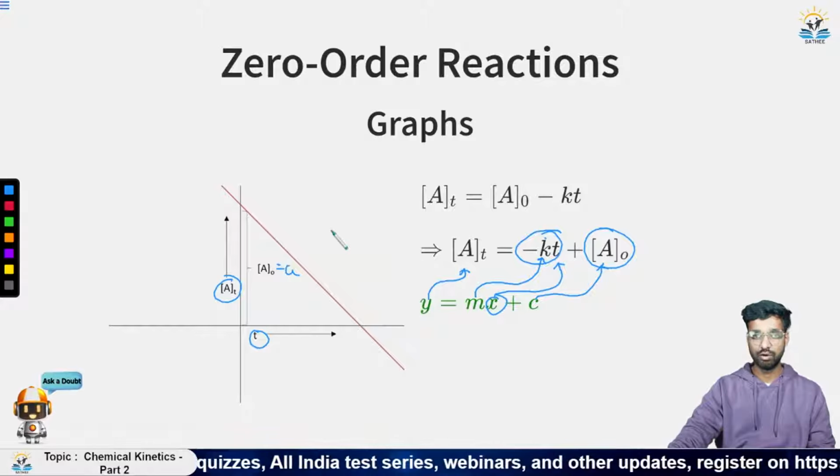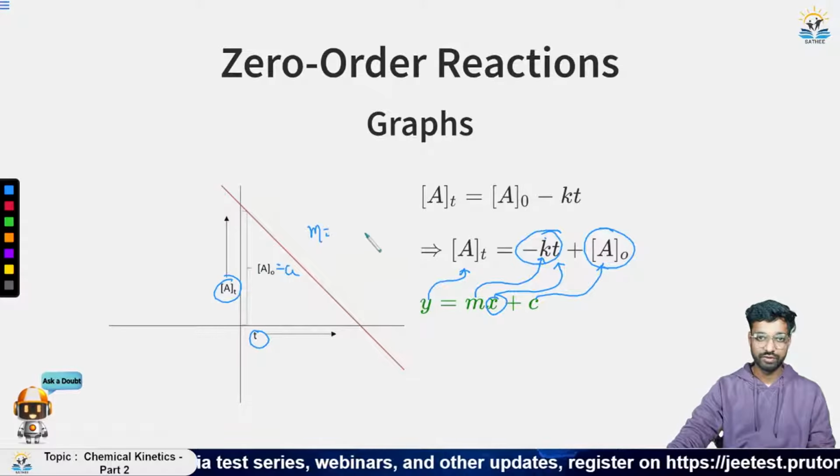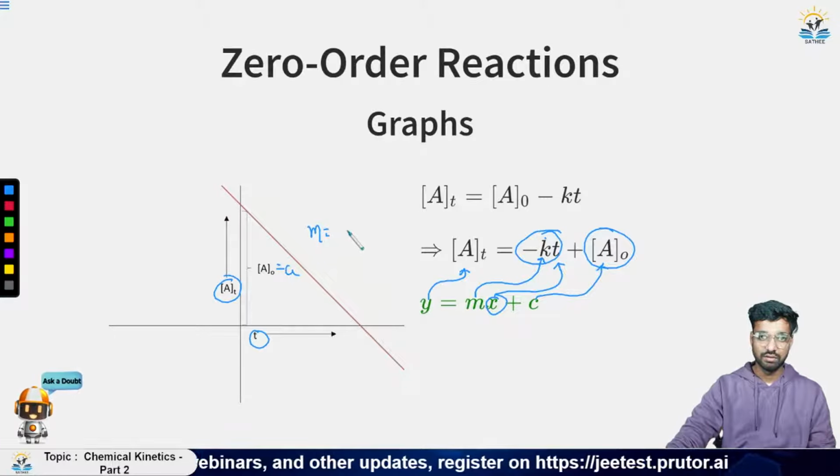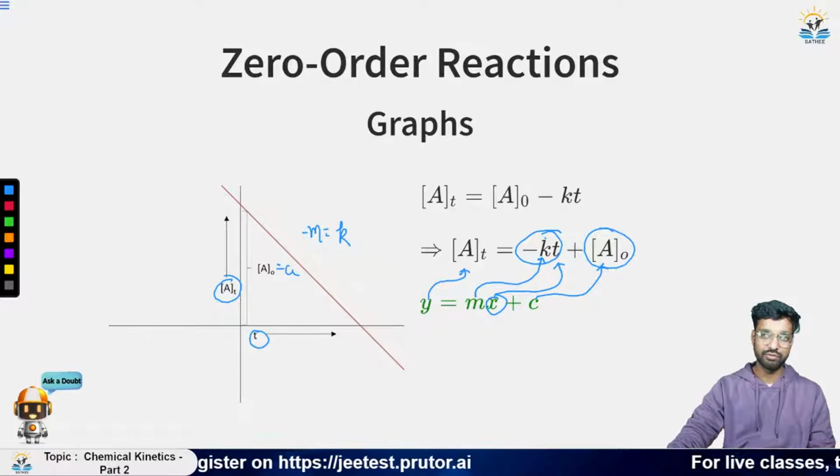And the slope, that is m, if it is mentioned, will give the rate constant. We'll just take the negative sign, so the rate constant will equal minus m.